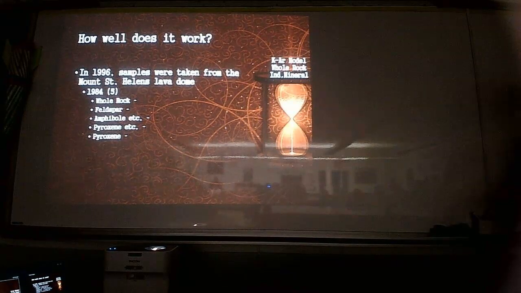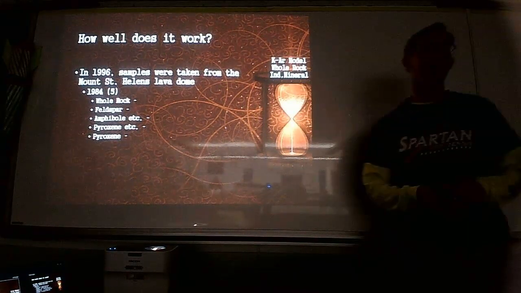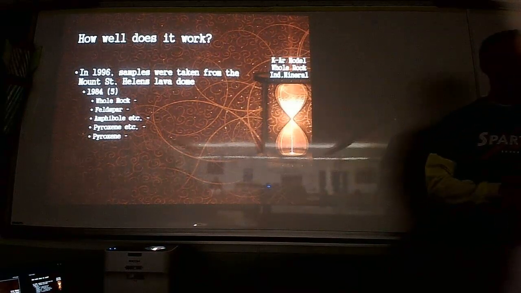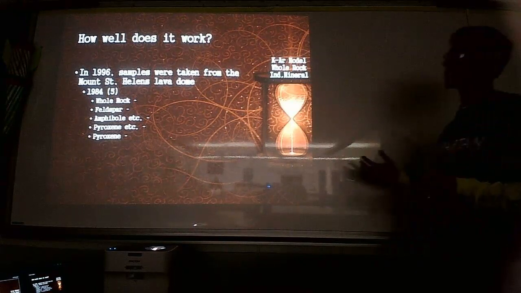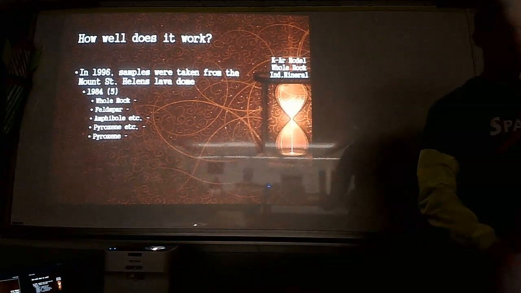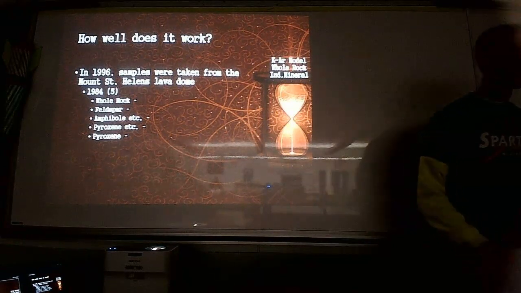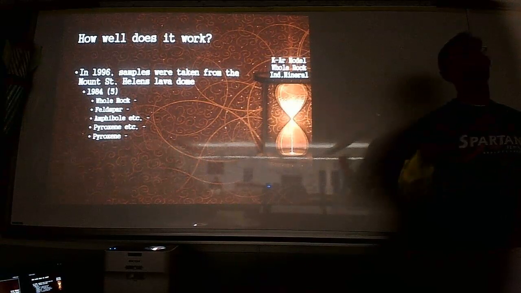So just as a little bit of a review here, we've been talking in this section, obviously, about radiometric dating. It is the title of the section, after all. So just to make sure we're all clear on how this process works, I want to go over it just one more time. If you have an element and it's radioactive, what that means is that it's not stable.